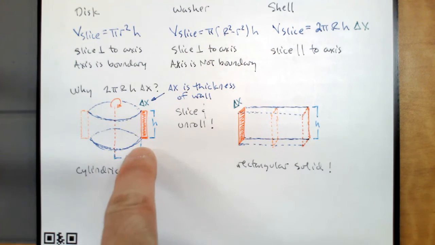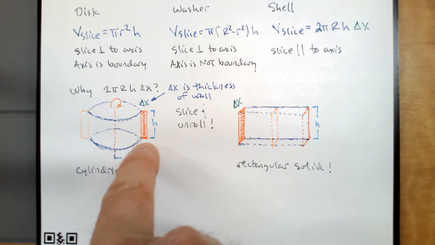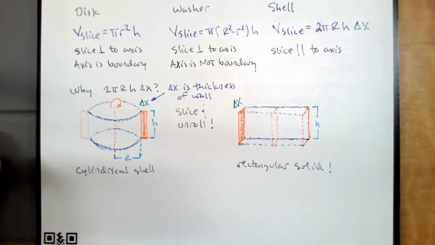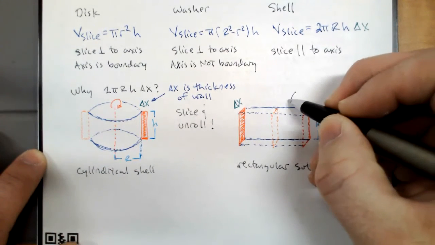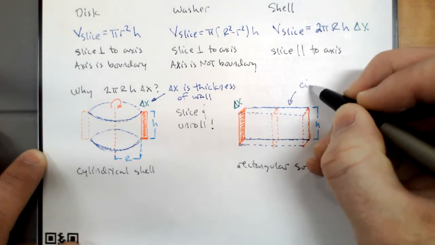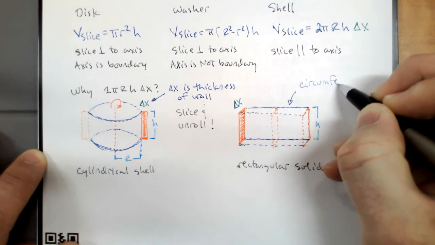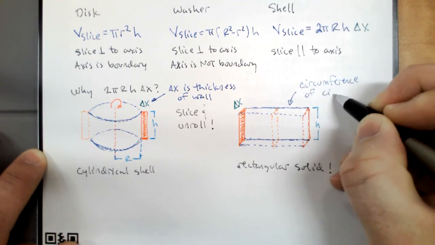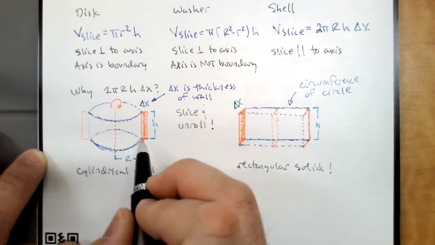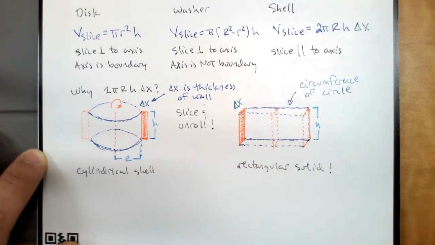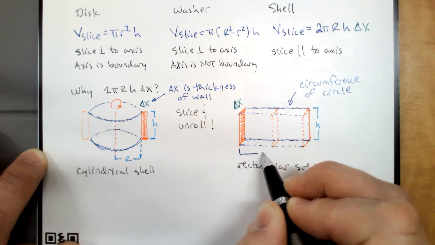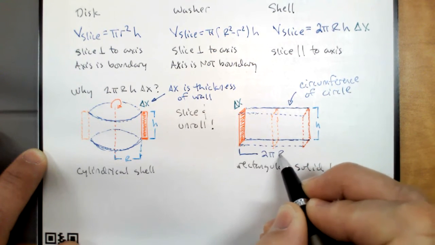This blue line is going to be the circumference of this circle, and so this is going to be 2 pi times the radius.